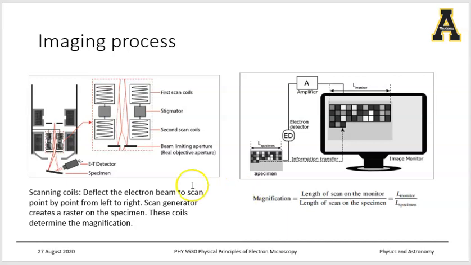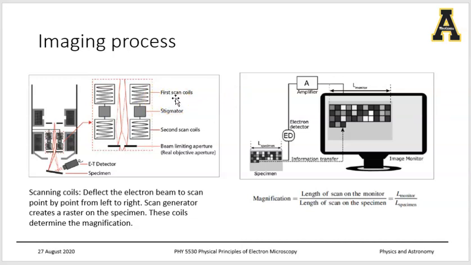Okay, and these coils also determine how you control the magnification of the imaging process itself, right? So what is magnification? Magnification simply means the length of the scan on the monitor, or wherever you're acquiring the image, over the length of the scan on the specimen, right? So this scan is determined by the deflection from the scan coils on the specimen.